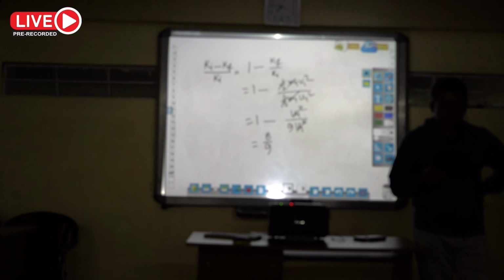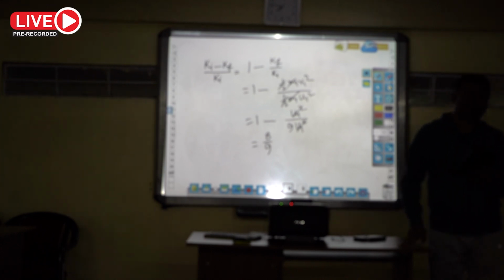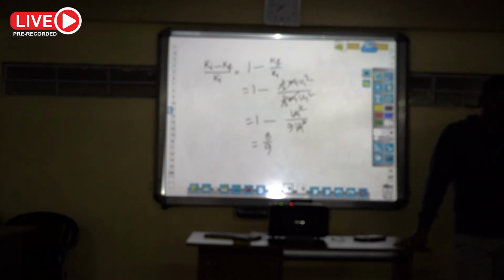A body of mass 0.5 kg travels in a straight line with velocity v equal to k x to the power 3 by 2, where k equal to 5 meter per second square, and x is the displacement of the particle.